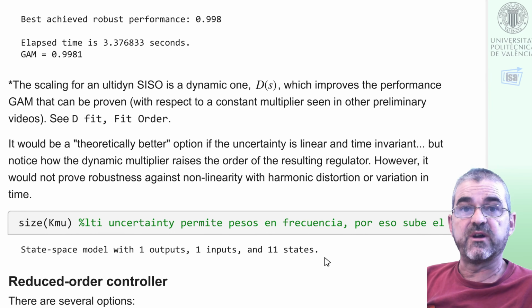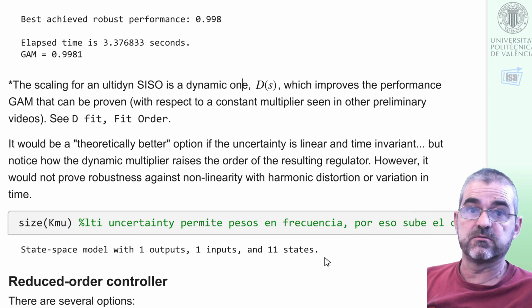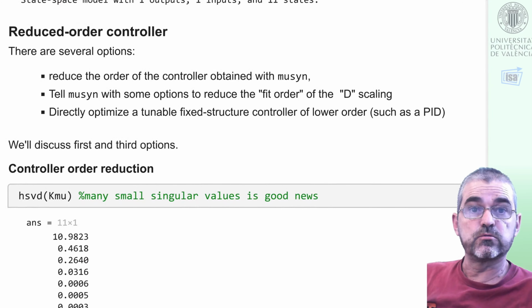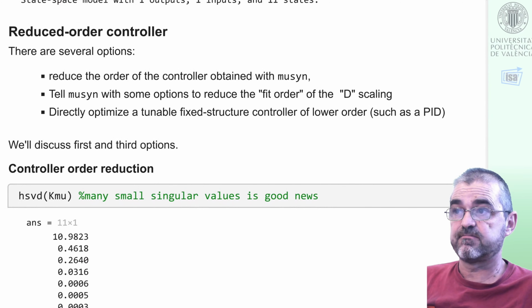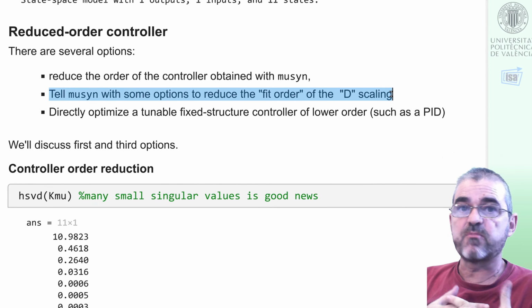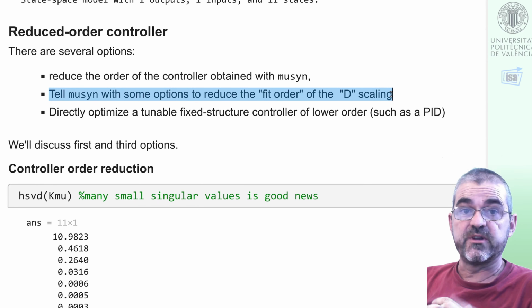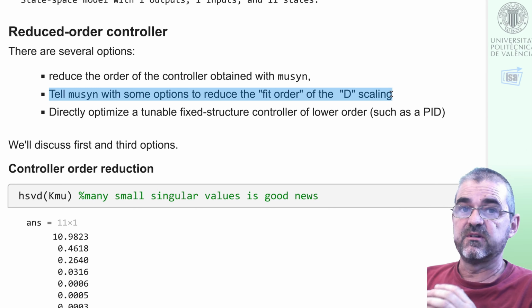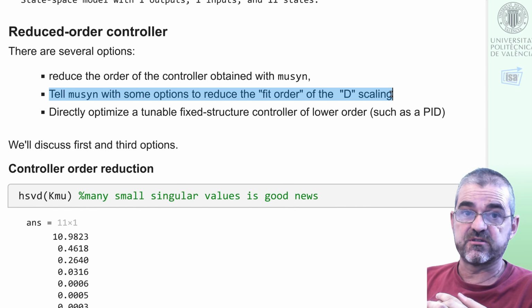So this is the idea. Mu synthesis with dynamic weights may yield a high order controller. In order to get simpler controllers, we have three options. Either look at the documentation and tell musyn via some options to reduce the fit order of the scaling. We will not do it for brevity; it's easy, look at the mu synthesis options in Matlab's help. But we will discuss the other two options here.